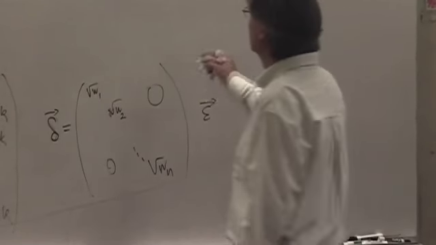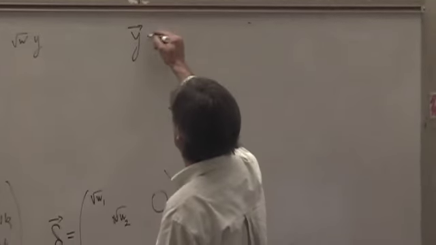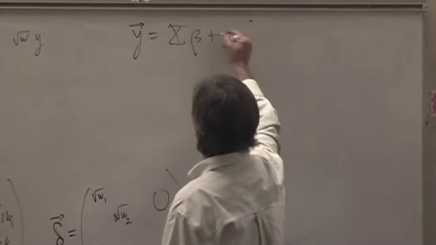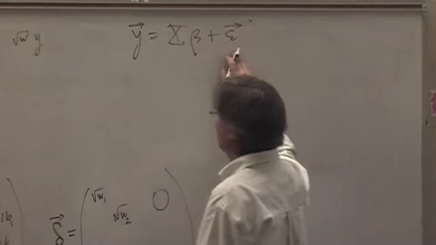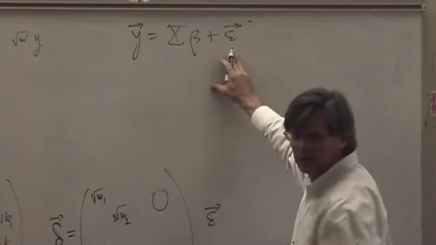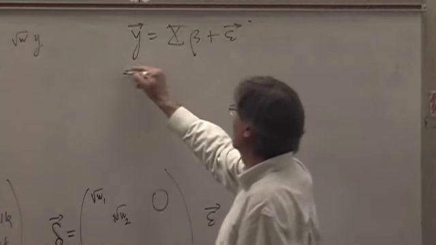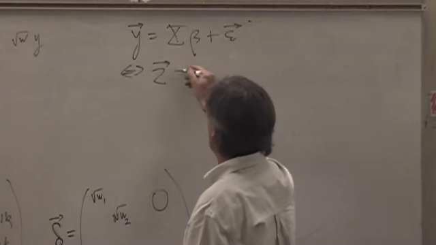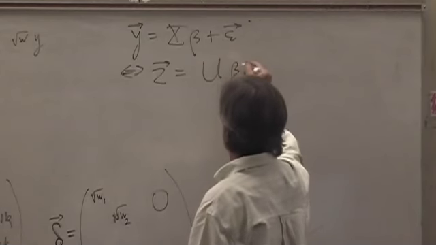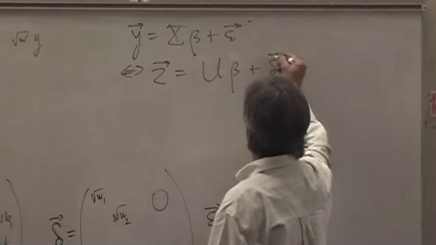So then y equals x beta plus epsilon is true if and only if I multiply both sides by this square root of W diagonal matrix, if and only if z is equal to u beta plus delta.